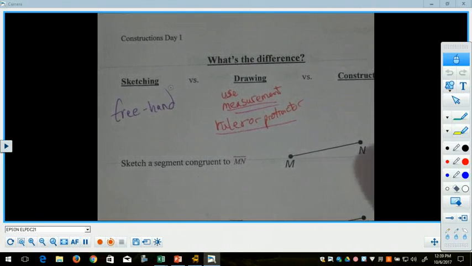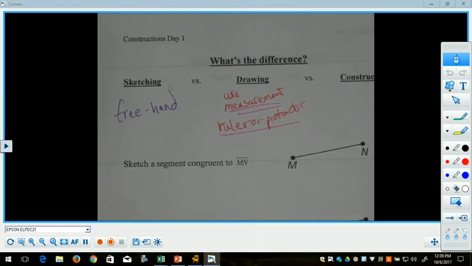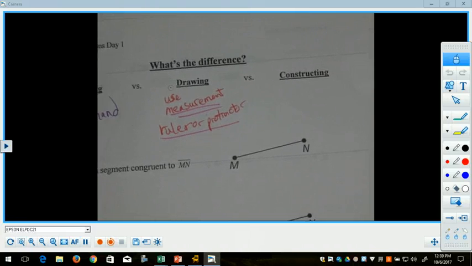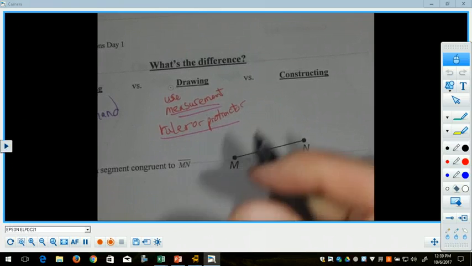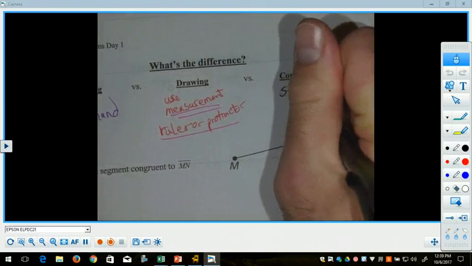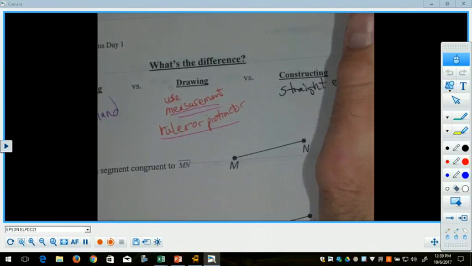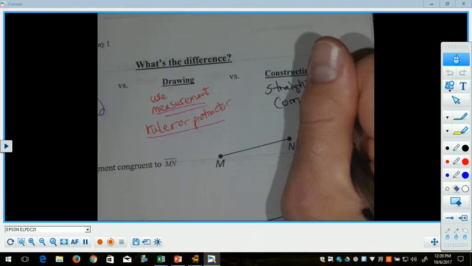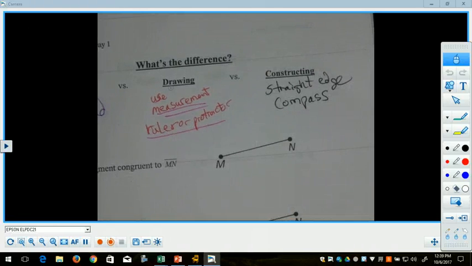Which of those is more accurate? Drawing. Constructing is where I use a ruler, but I don't really use it for measuring. I use it as a straight edge so that I get straight lines, and I use a compass, which can lock in exact distances.